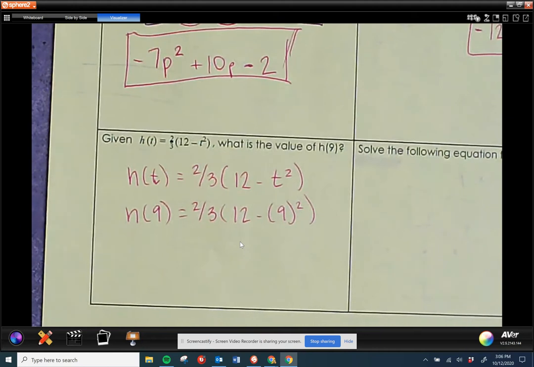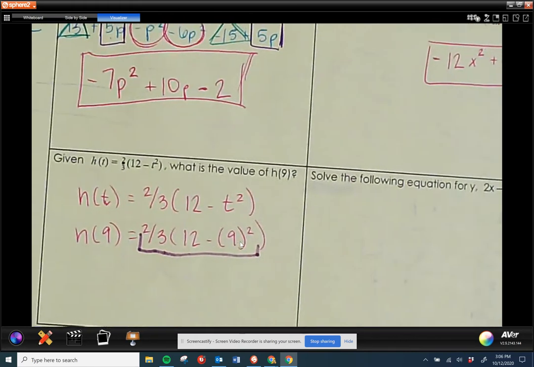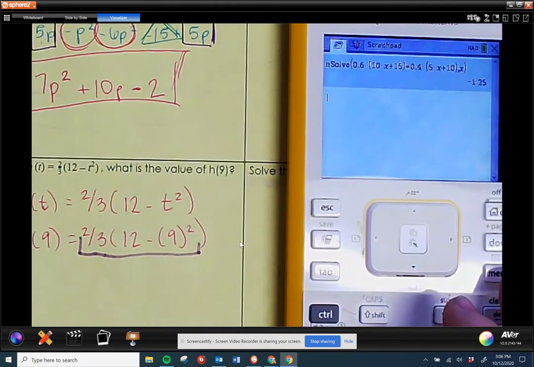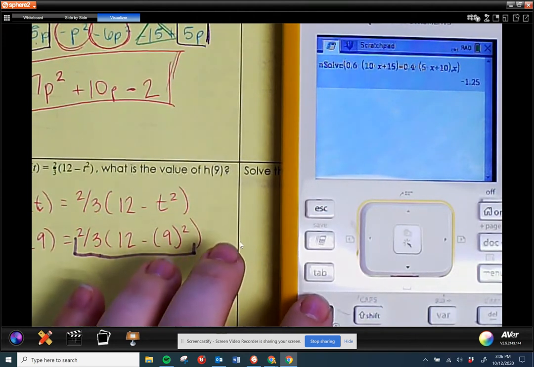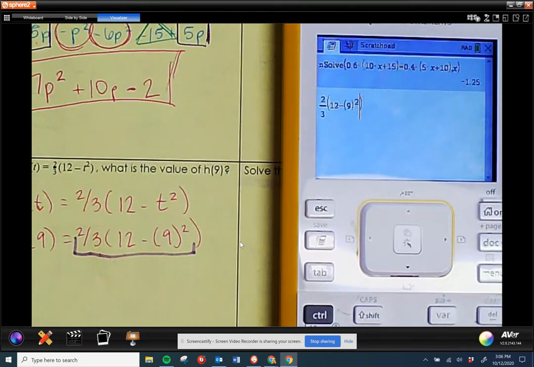Then we are going to put everything after the equal sign into our calculator. It's very important that you don't put that h of 9 into your calculator. You just put the things that are after. So we're going to come over here with our calculator and go ahead and type that in. 2/3 parentheses 12 minus parentheses 9 squared, like that.